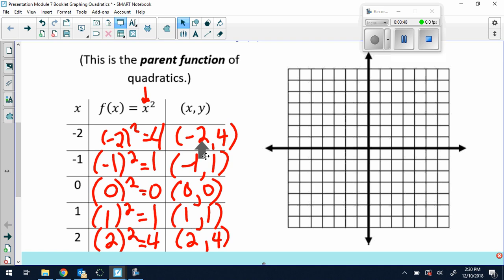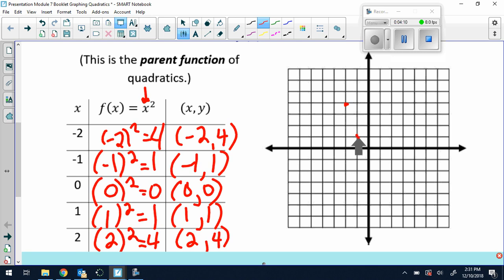Now I'm just going to plot them. So -2, 4. I'm going to count to the left 2 and up 4. So this first point is right there. Then I'm going to do my second point here. So -1, 1. I'm going to go to the left 1 and up 1.